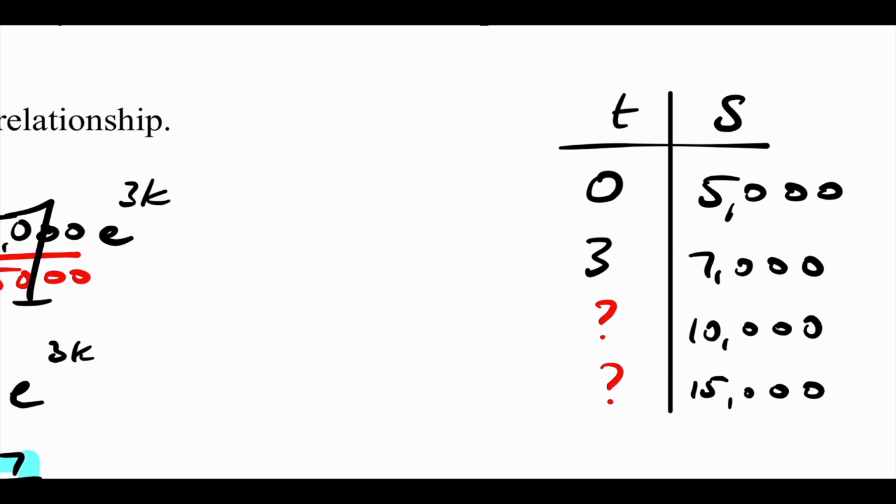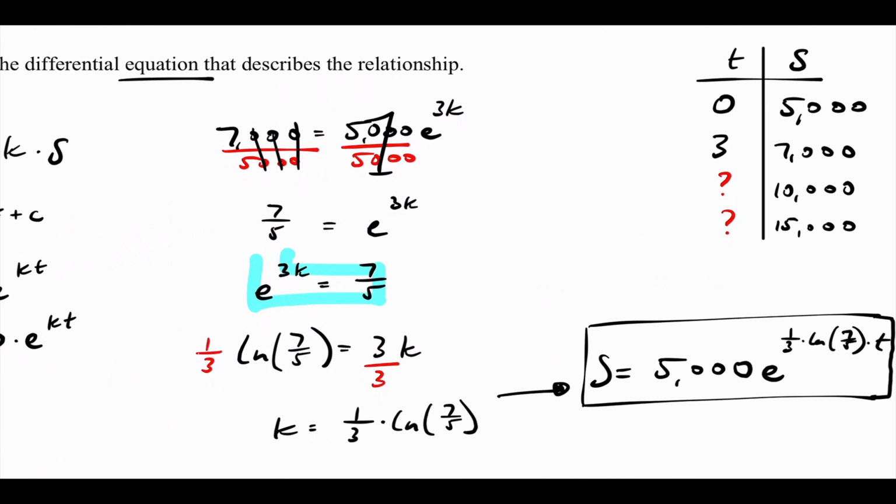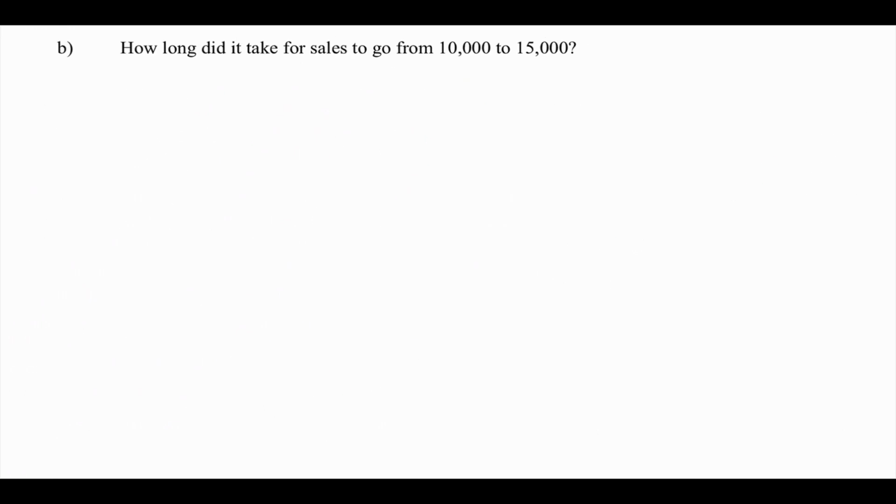Well, do we have enough info to figure that out? Yeah, we got the formula, right? So use the formula. I want you to come up with the time for 10,000. We'll do 10,000 together, and then I'll let you do 15,000 on your own. So when sales are 10,000, what is the time? Okay.